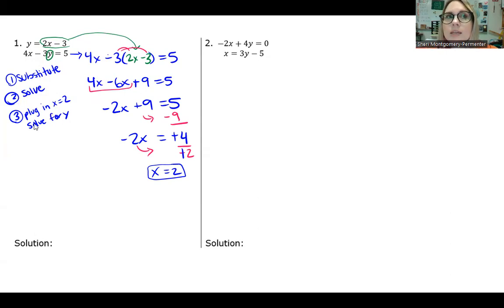We need to know what y equals. Which equation is going to be easier for us to plug into because we want y equals? The first one, it already has y equals, so let's plug into that one. So I have y is equal to 2x minus 3. Now I'm going to take this x is equal to 2 and plug it in.